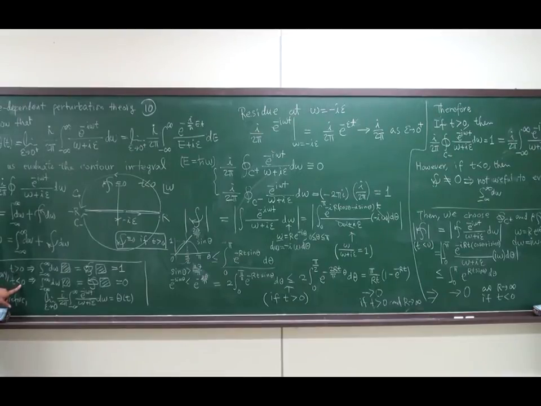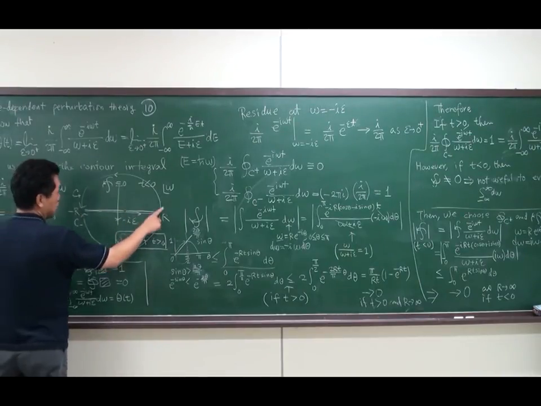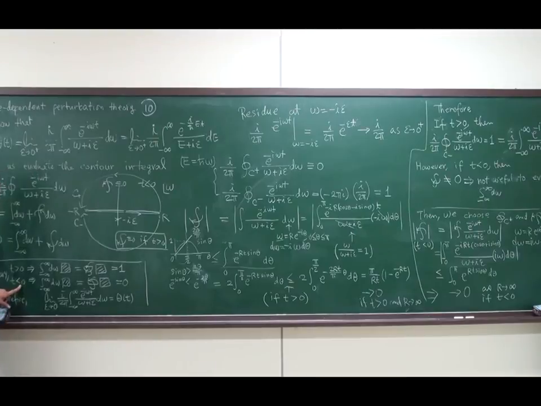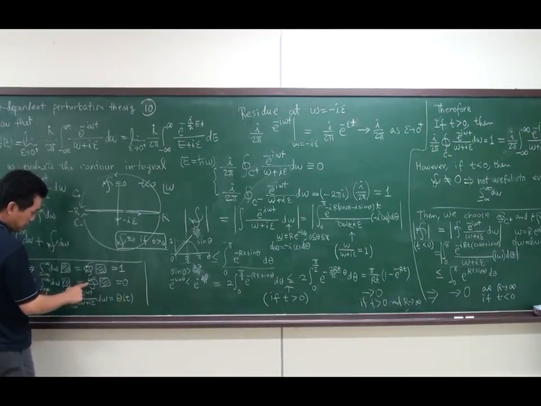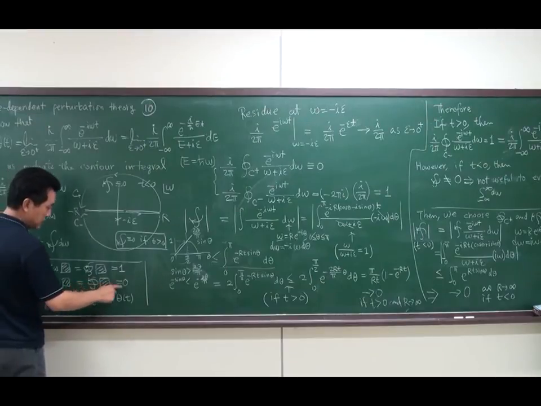If t is negative, we can close the contour along the upper half plane, and the integral along the upper semicircle is exactly 0.